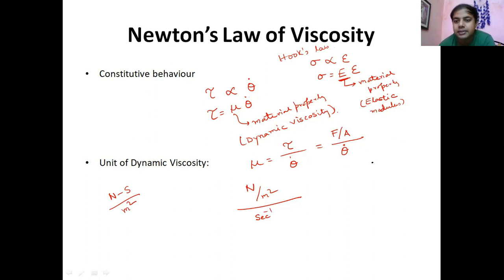Why is strain rate second inverse? Because strain rate is du by dy. du is meter per second velocity, and dy is meter, so it is 1 per second.